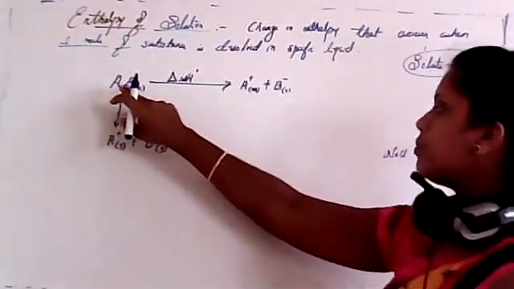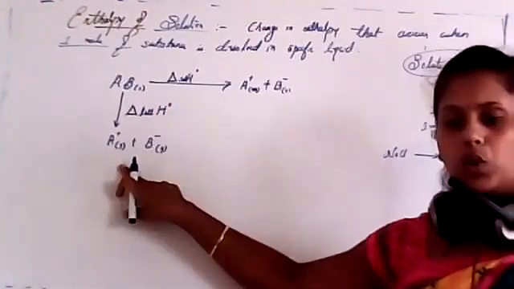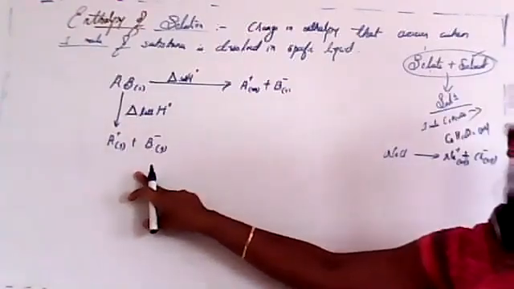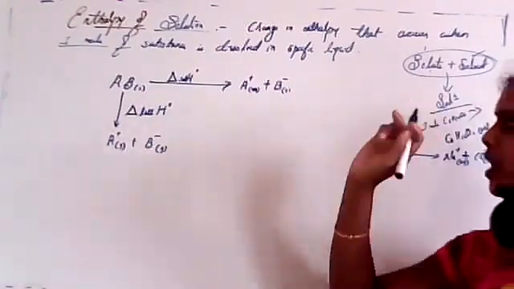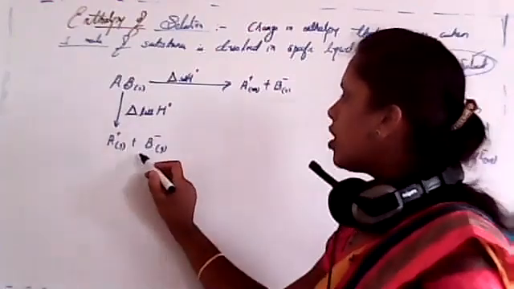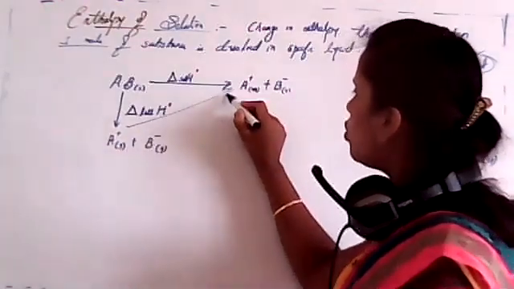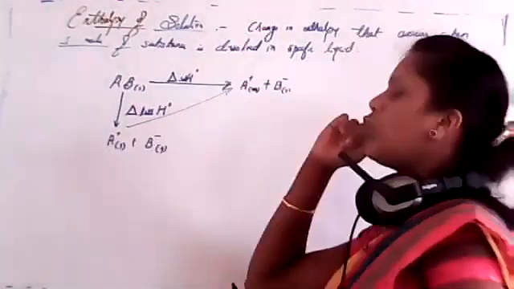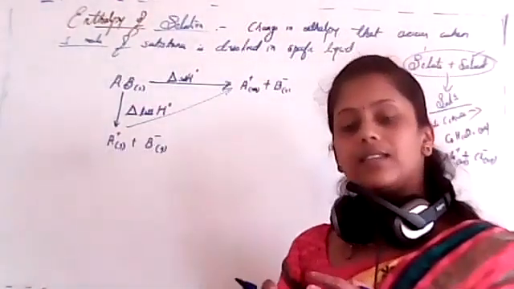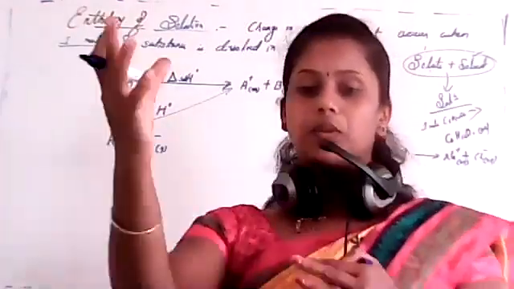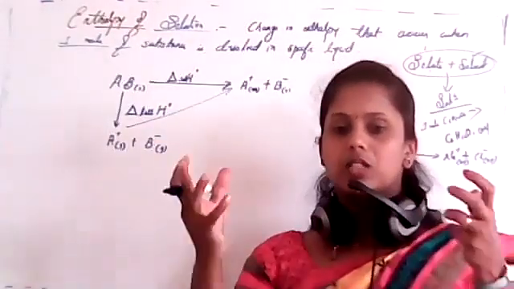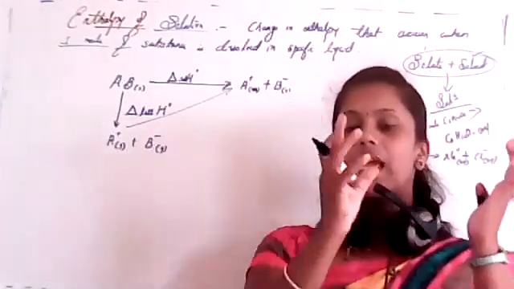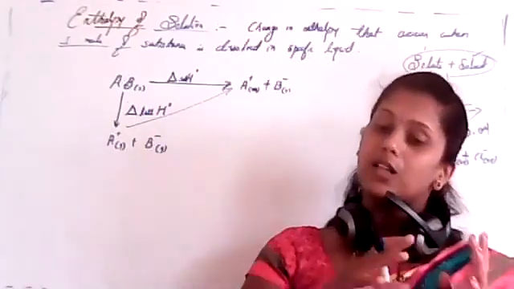Clear? So that means we converted solid into gaseous ions. Now I have to convert this gaseous ion to aqueous ion. In that case, there is a hydration process, isn't it? We are converting gas to liquid, that is aqueous.